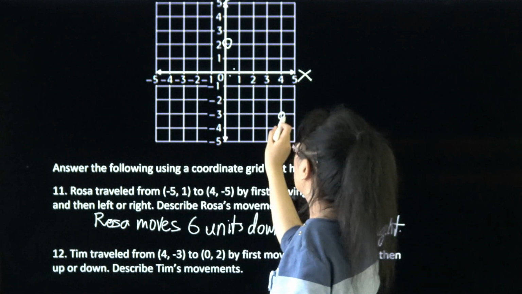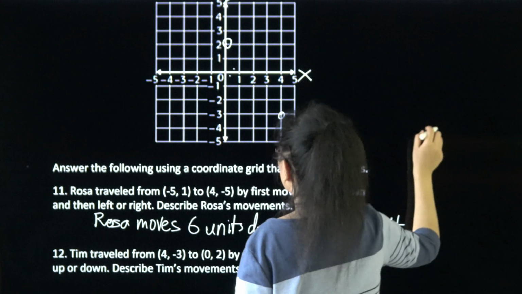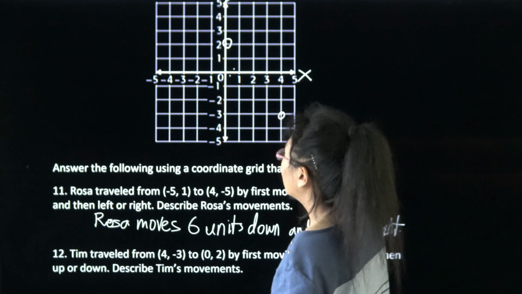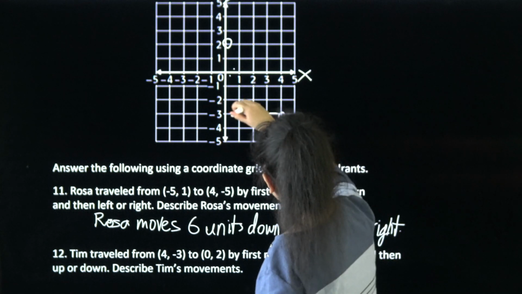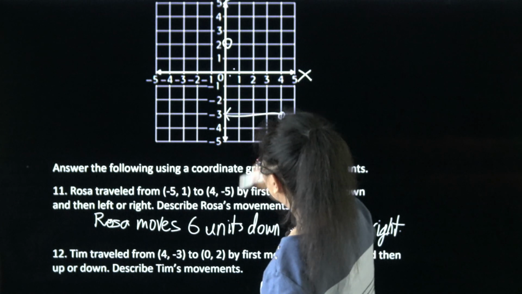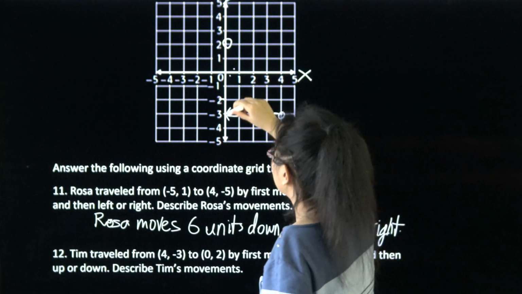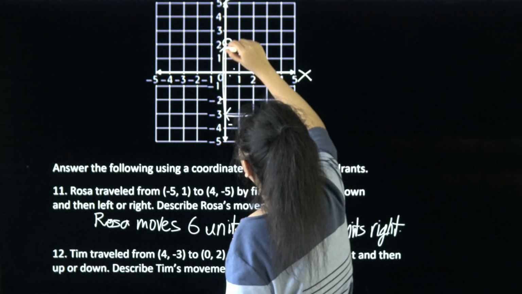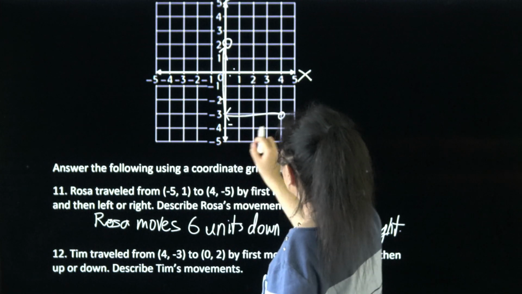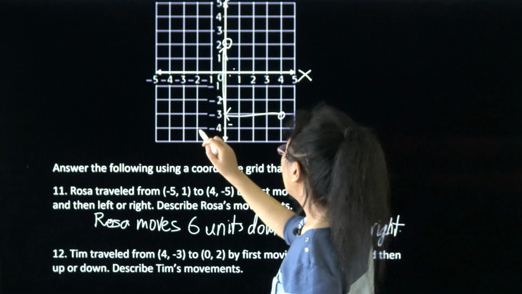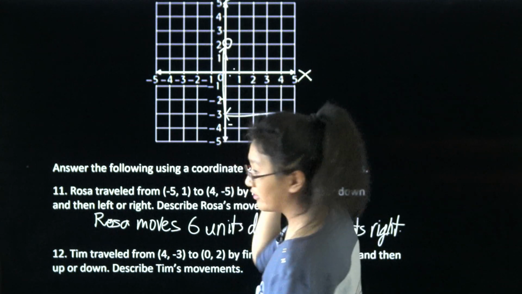Alright, so if he moves to the right, he goes further from where he wants to go. So he moves to the left first. And then, if he goes down, he's also going further from where he wants to go, so he moves up. So that would be 4 squares left and 5 squares up.